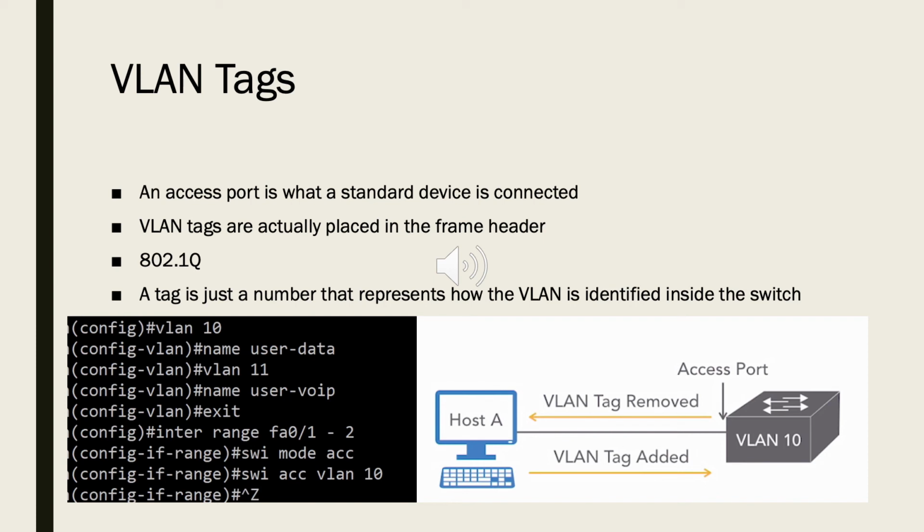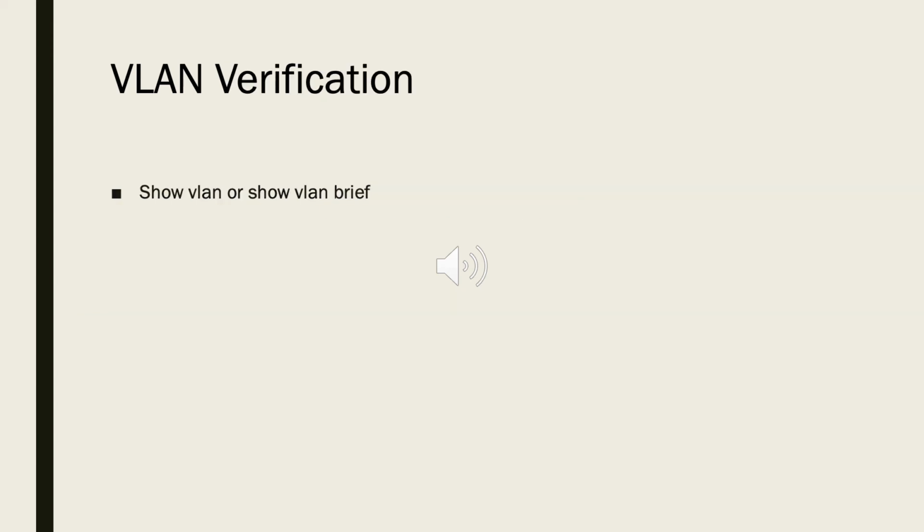The VLAN tag for my user port will be 10, as that's what I will configure for user data. The access VLAN is assigned to a port with the switchport access vlan 10 command. To verify the VLAN database, active access ports and configured VLANs, I can use the show vlan command.